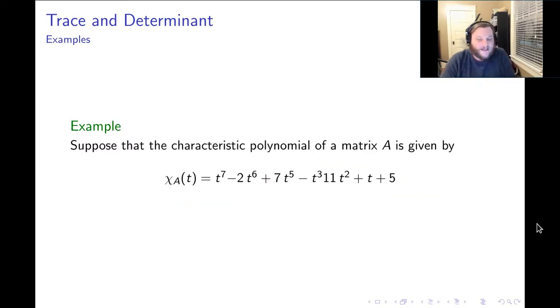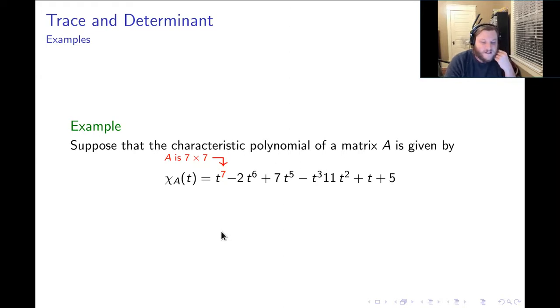So let's see an example. Here, somebody is giving us the characteristic polynomial of some matrix. So this matrix A has characteristic polynomial given by this formula here. And one thing to first observe is that this is a degree 7 polynomial, which means that the size of this matrix is 7 by 7.